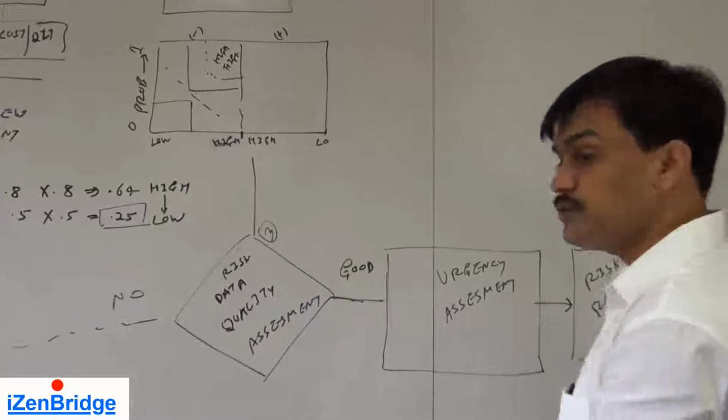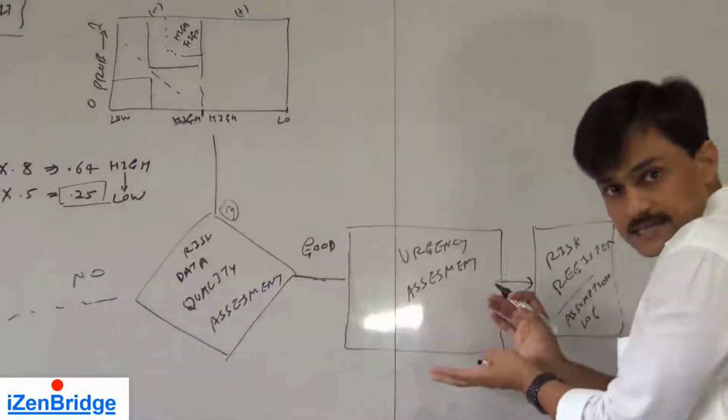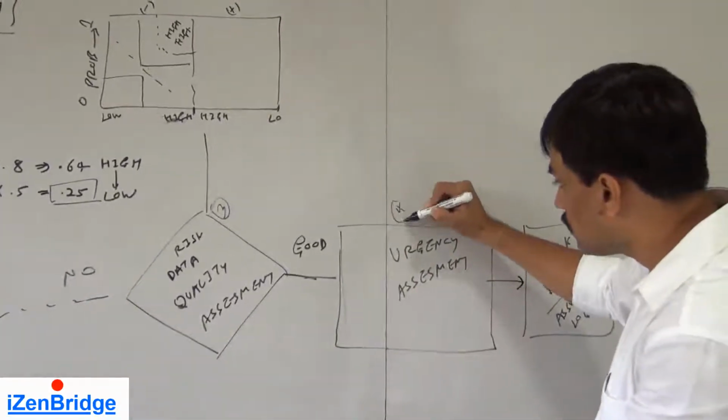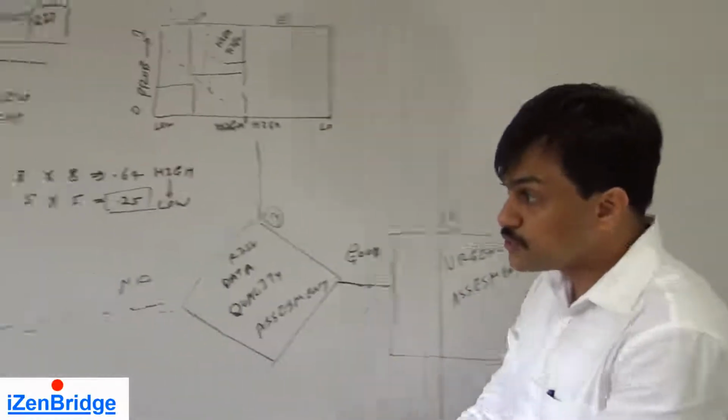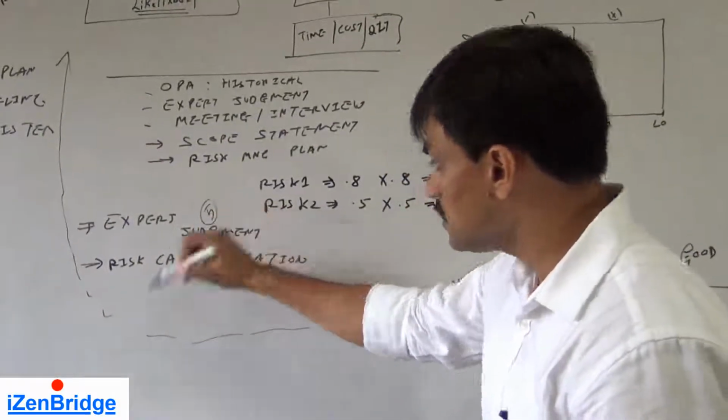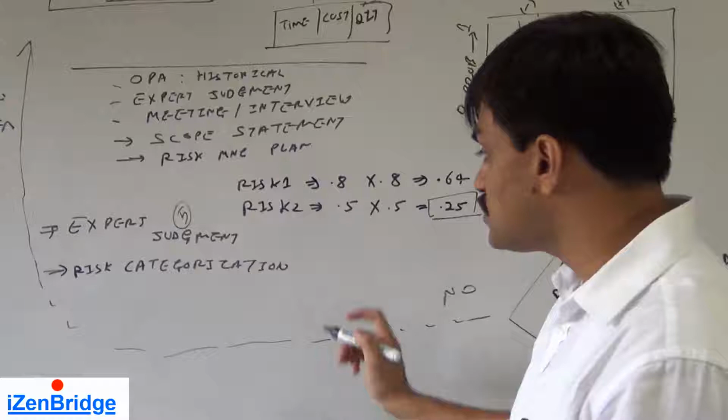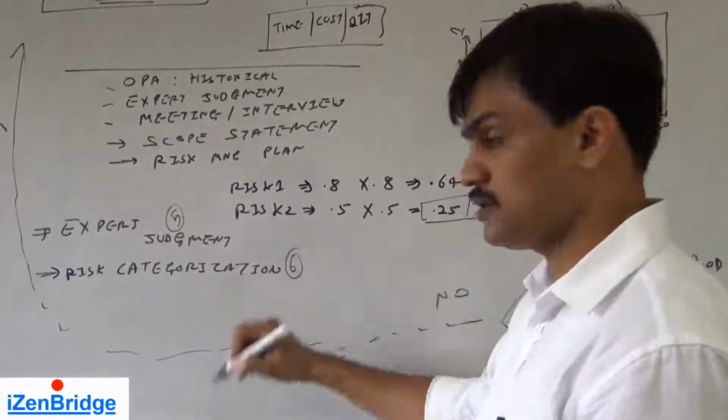The fourth tool and technique we use is risk urgency assessment. The fifth tool and technique which we use is expert judgment. The sixth tool and technique which we can use is risk categorization.